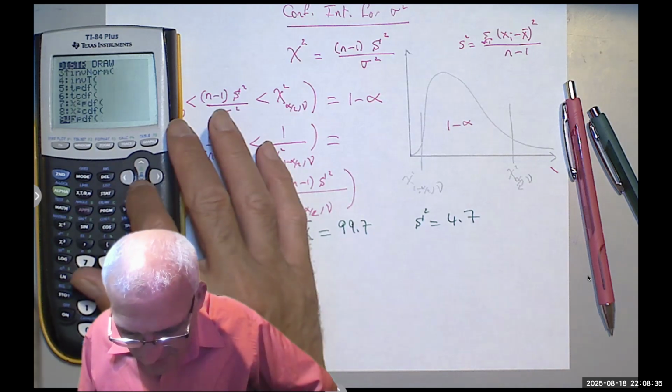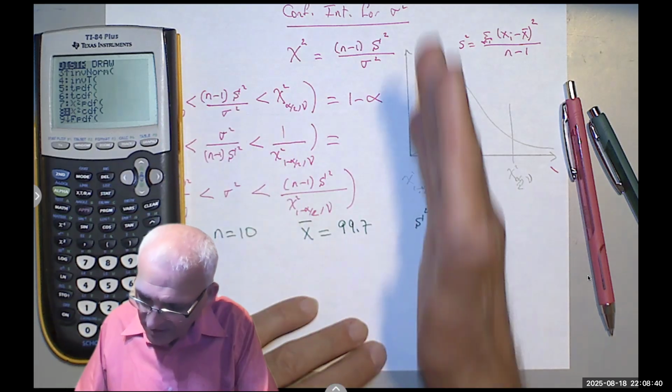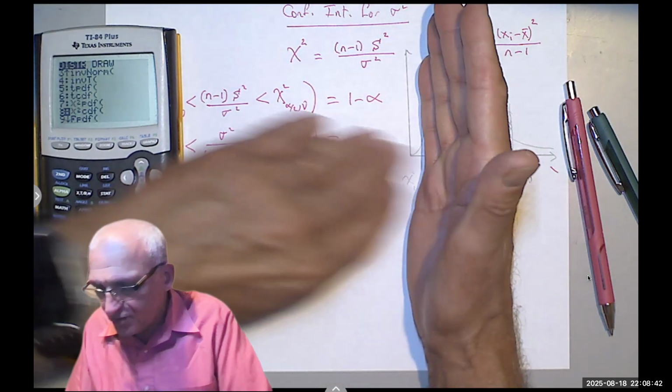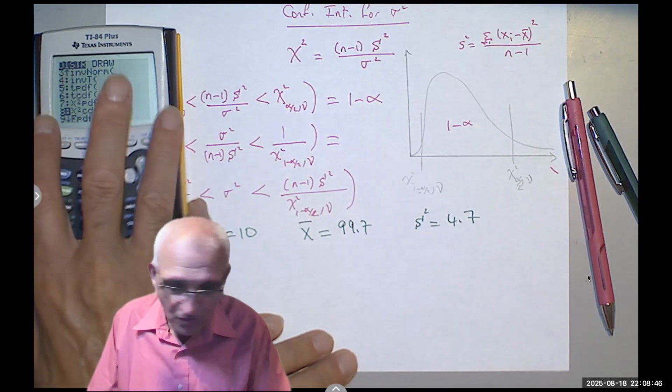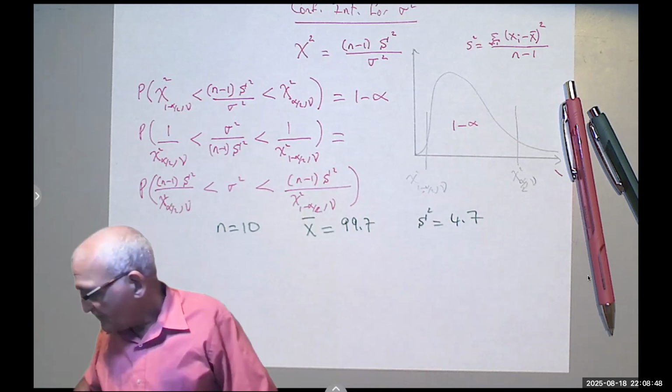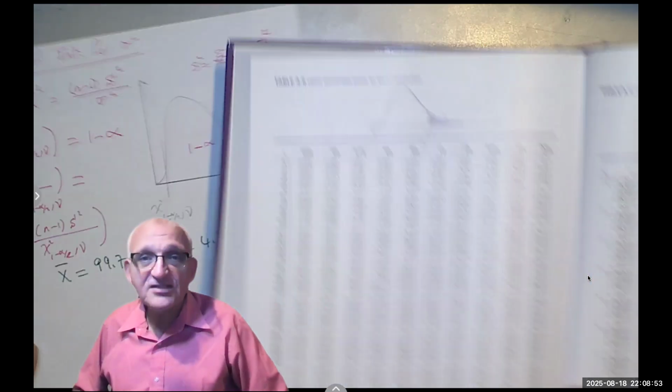I want an inverse, and there is no inverse. If I give it a chi-square value, it will tell me the area to its left. So I can't do that. And this is probably for the goodness of fit, which we will cover at the end. Anyway, I have a table here for chi-square.